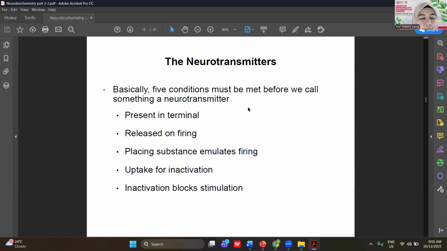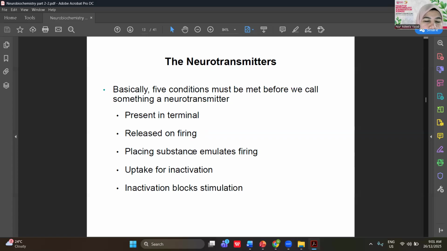So this is another requirement, another condition, for the neurotransmitter. The substance must be released into the synaptic cleft when an action potential reaches the presynaptic terminal.